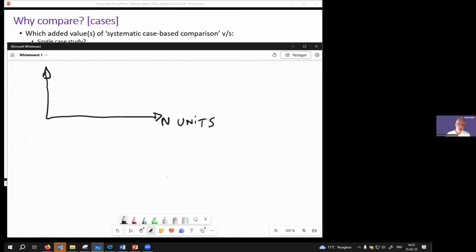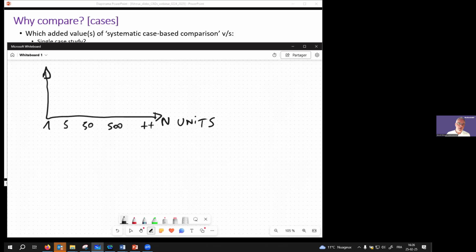It could be an n of 1, only one case. It could be a few, let's say 5 cases or units. It could be 50. It could be 500, right? Or it could be many more, like thousands or millions potentially. And this is breadth, the sheer diversity and number of observations or units of analysis, especially.